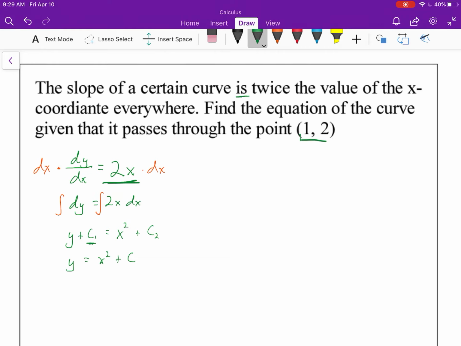Now, what we also want is the specific solution. Our first example was a general solution. Here we want a specific parabola that goes through the point (1, 2). So all we have to do now is find the value of c. We're going to plug in the specific point.